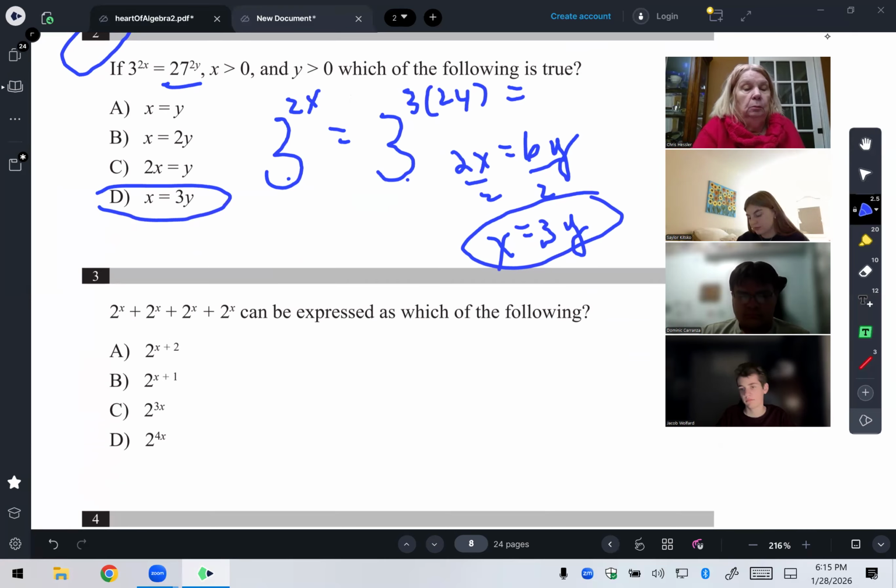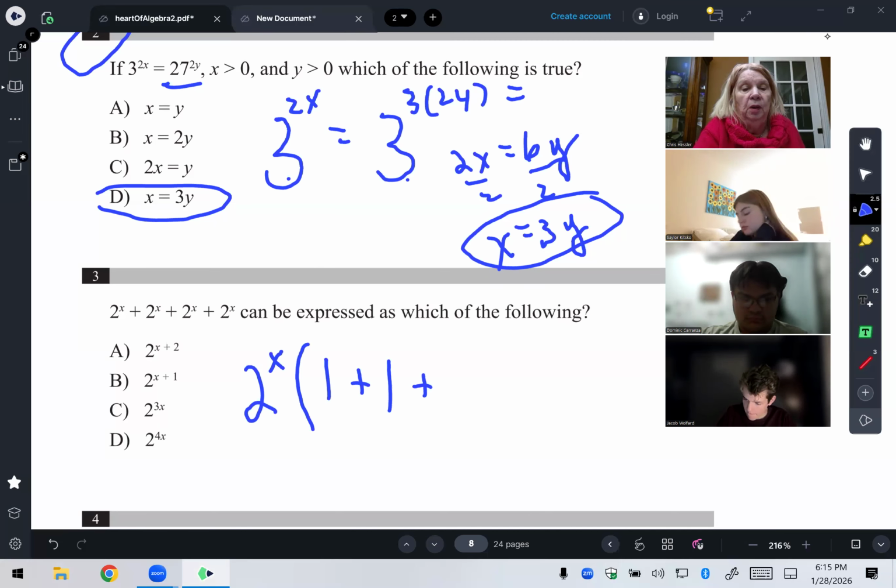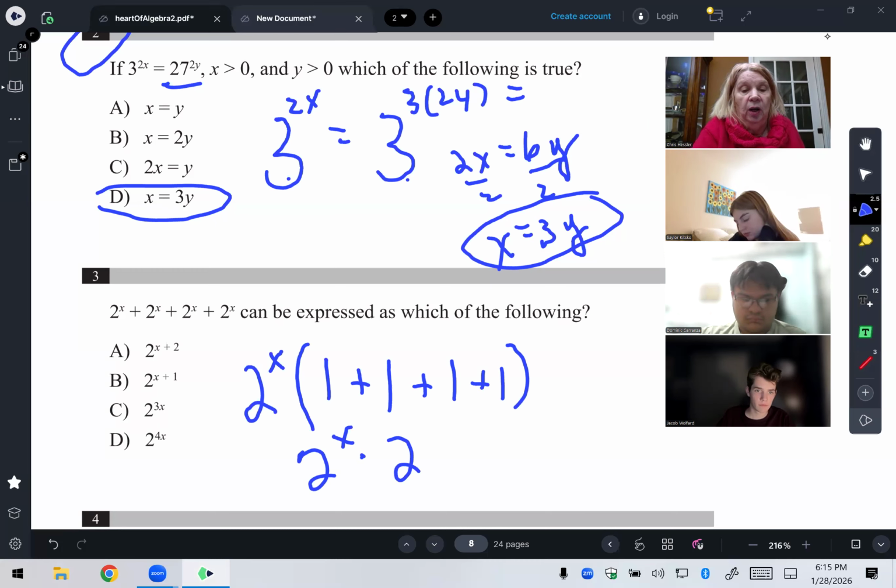Okay. So this way, we could pick a number or we could factor. So let's try factoring. We would factor out a 2 to the x. That would be 1 plus 1 plus 1 plus 1. 2 to the x times 4, and 4 is 2 squared.